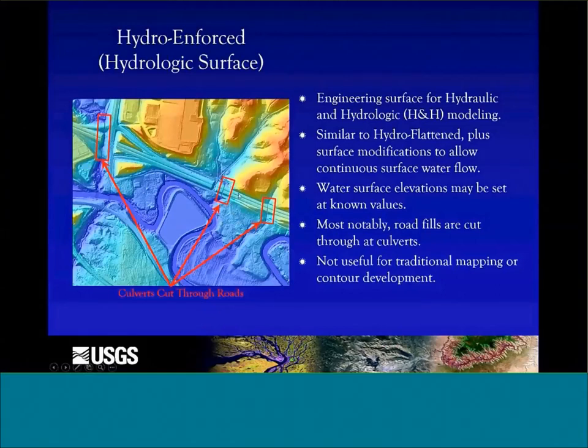And so all we've done is taken this surface and carved out the roads where the culverts are, so that if you imagine pouring a bucket of water up here in the northern part, it flows down these channels, and when it gets to the highway, it will continue to flow all the way down into the river. Somebody mentioned that we can't see the pointer. I hope y'all can see the cursor.